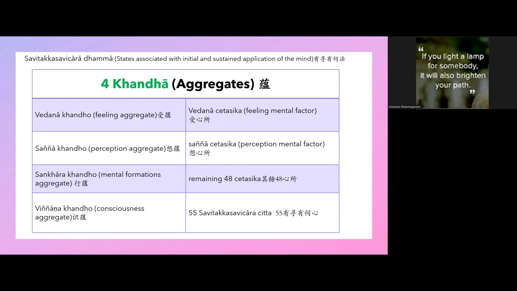Vedanā, the feeling mental factor, comes under vedanā khandha. Saññā, the perception mental factor, comes under the perception aggregate. The remaining 48 mental factors fall under mental formations, or saṅkhāra khandha. And finally, the 55 savitakkasavicārā consciousness are classified under the consciousness aggregate.